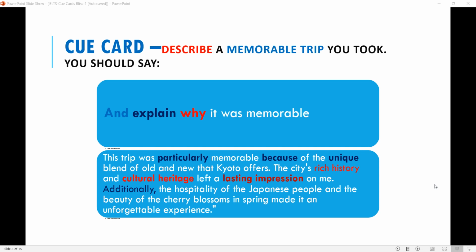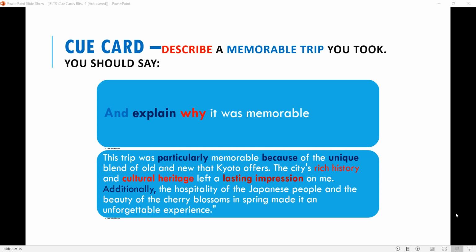So, all my learners, make sure that when you are answering the fourth part of the cue card, you are using connectors like because, additionally, and also a lot of good vocabulary like particularly, culture, heritage, lasting impression, and therefore.